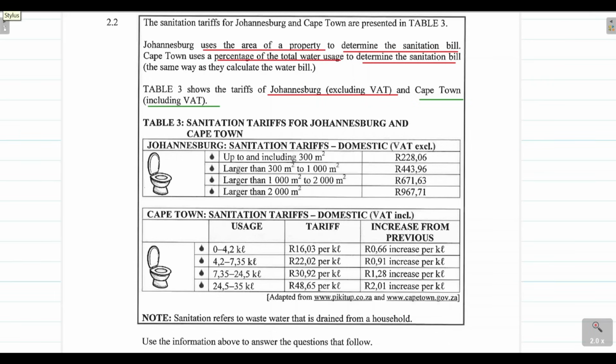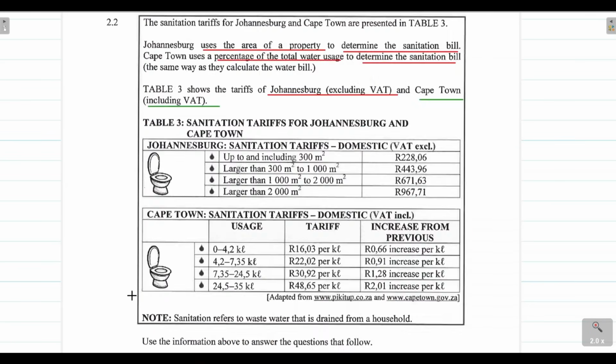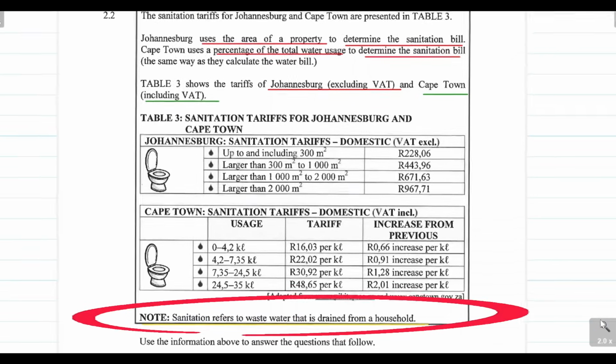Also here, guys, if someone is asking what is a sanitation tariff, because from what we can remember from the video tutorials that I've done with you guys, we've only done water tariffs, electricity tariffs, bank tariffs, transport tariffs. So what is a sanitation tariff? Okay, if you are lost and confused, a sanitation tariff, guys, refers to the wastewater that is drained from a household.